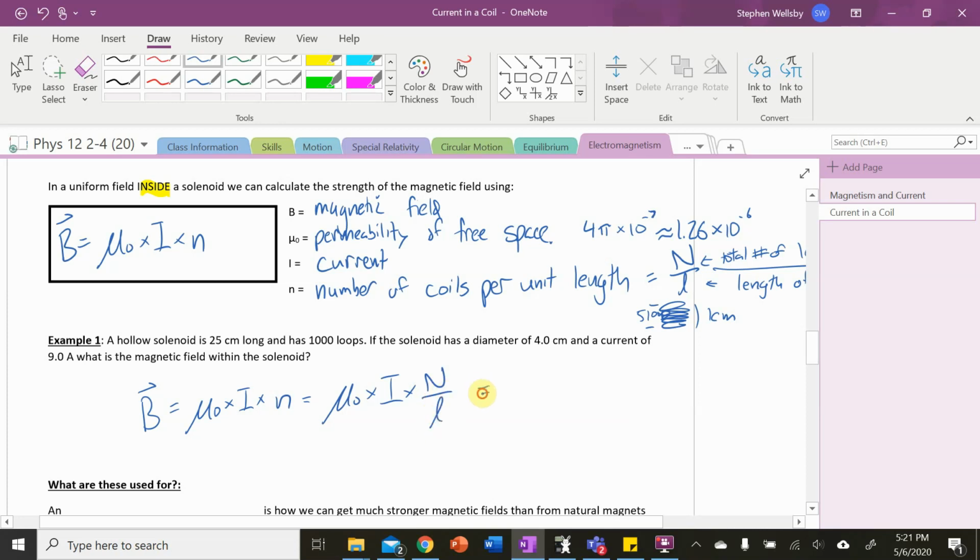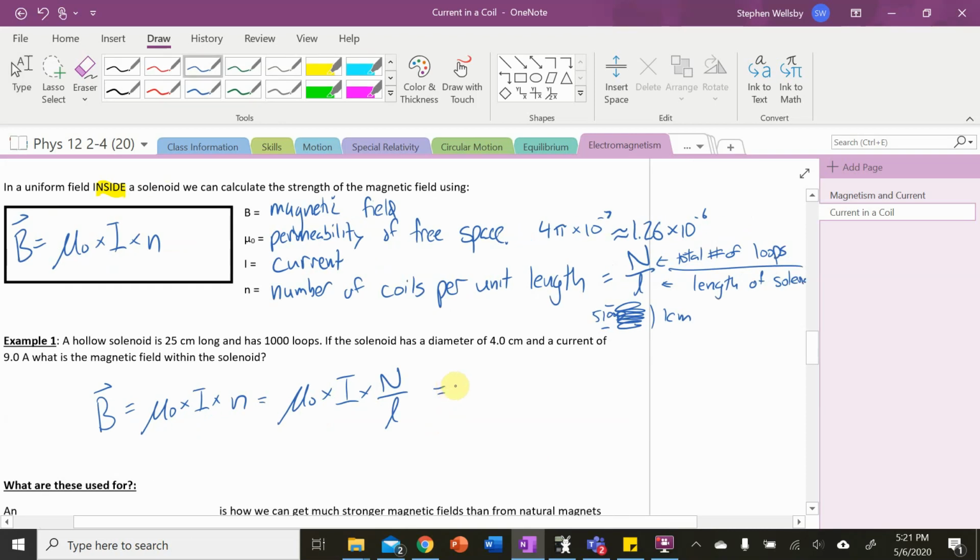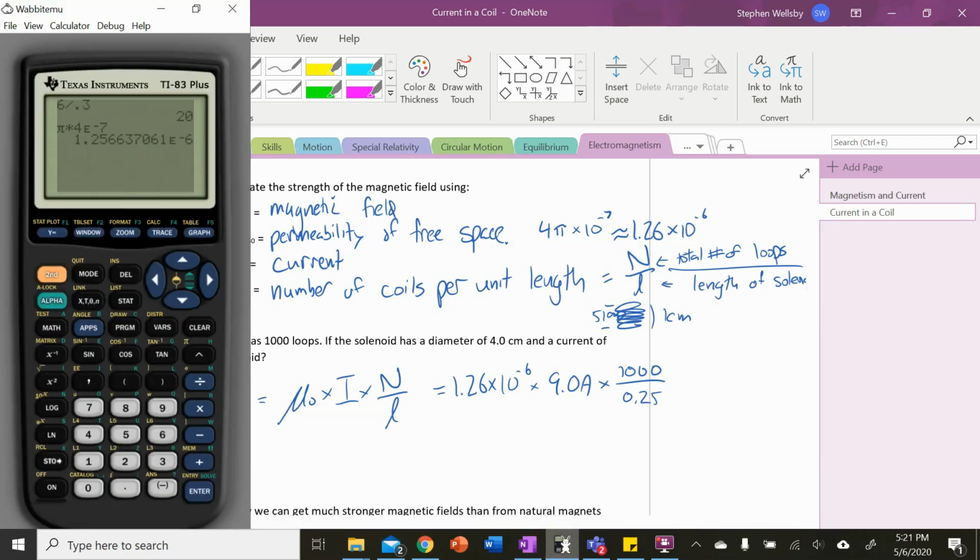And in this case here, this is going to be approximately 1.26 times 10 to the minus 6 multiplied by 9 amps multiplied by the number of loops. So 1,000 loops divided by 25 centimeters. We know that's going to be 0.25 meters. So let's take this value that we got here.